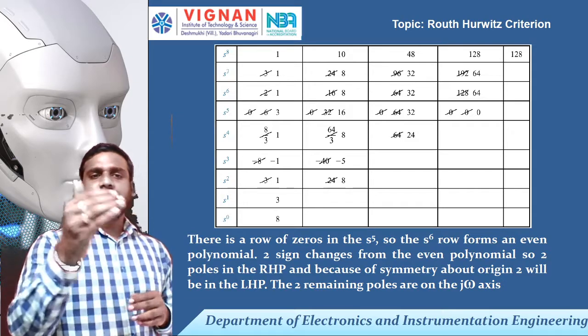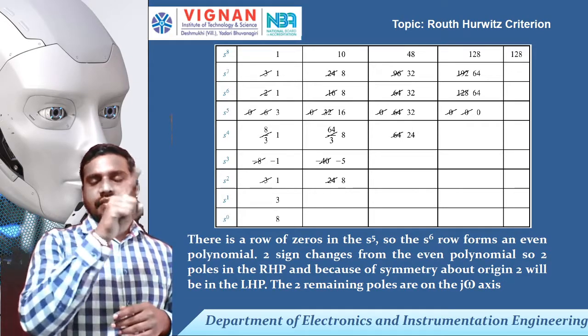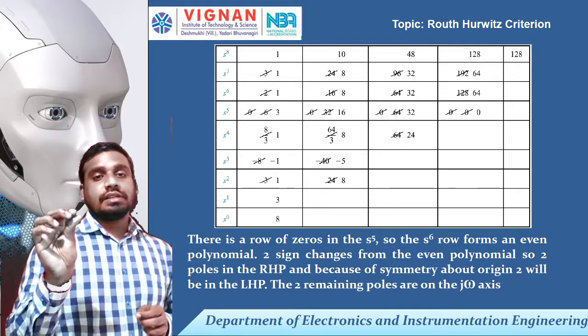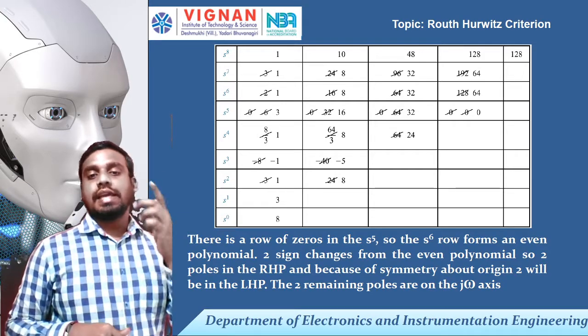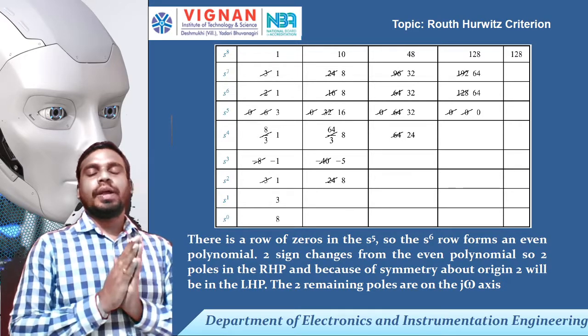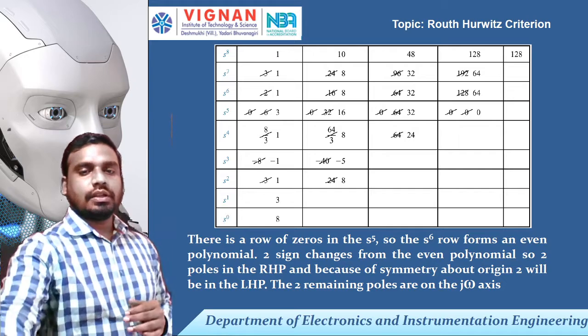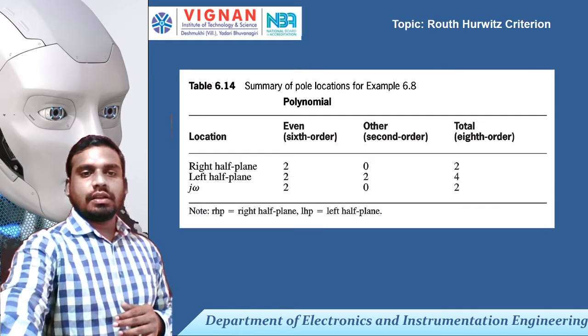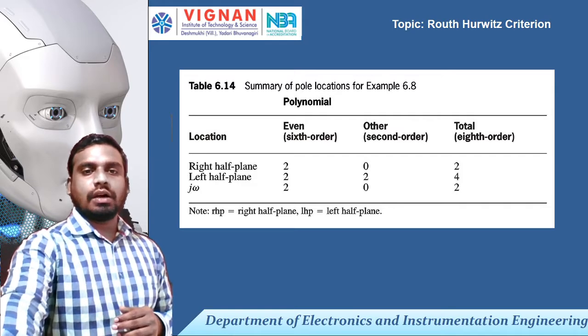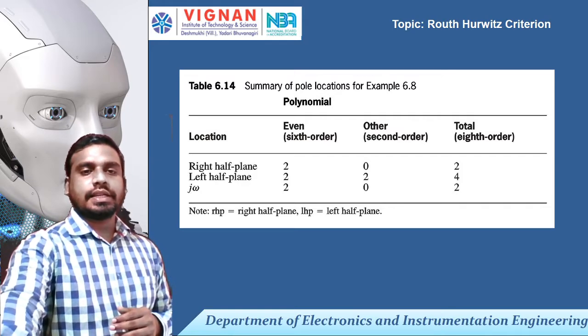And we can write that the auxiliary equation can be divided with the actual characteristic equation to find the roots on the j omega axis, right? We'll do one problem for that. I'll do it in the white notes, white book, and share it.